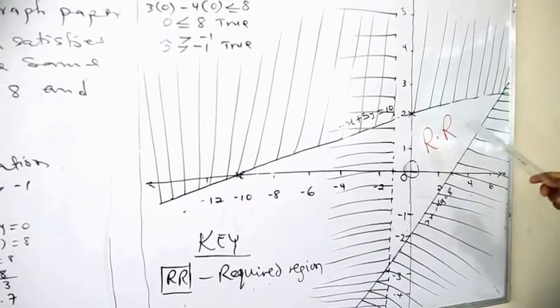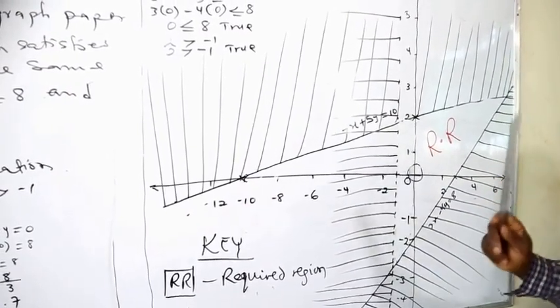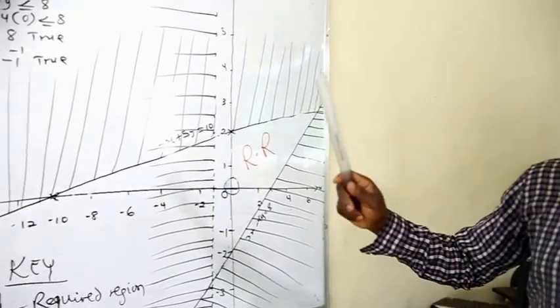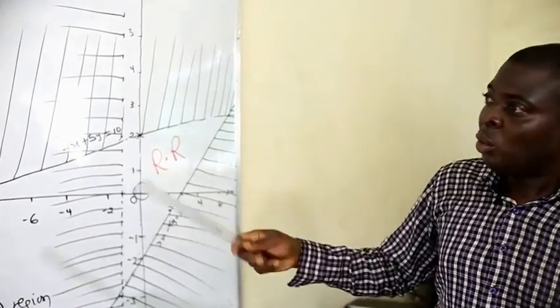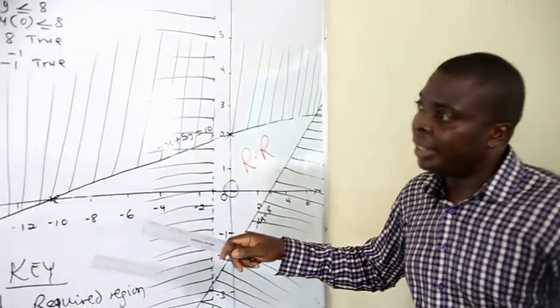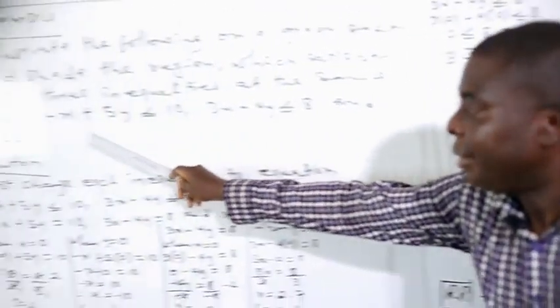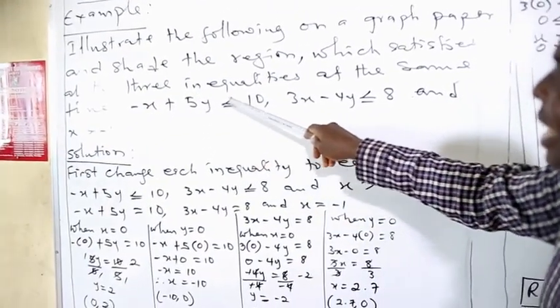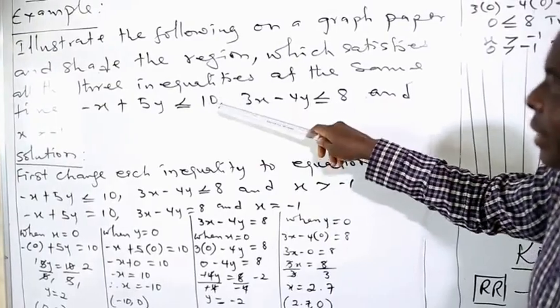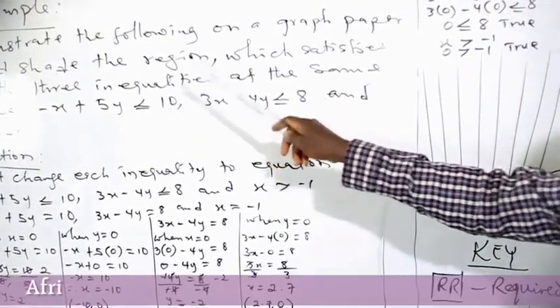Then after that one, we are going to draw a line, which is the line of the equation. Before we do that, we'll go back to the inequality symbol given to us. What we are given here is minus x plus 5y is less than or equal to 10. Meaning 2 inequality symbols put together.